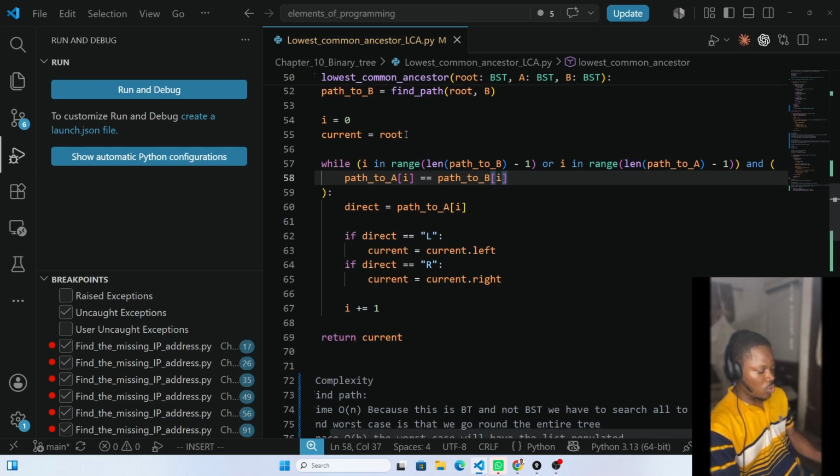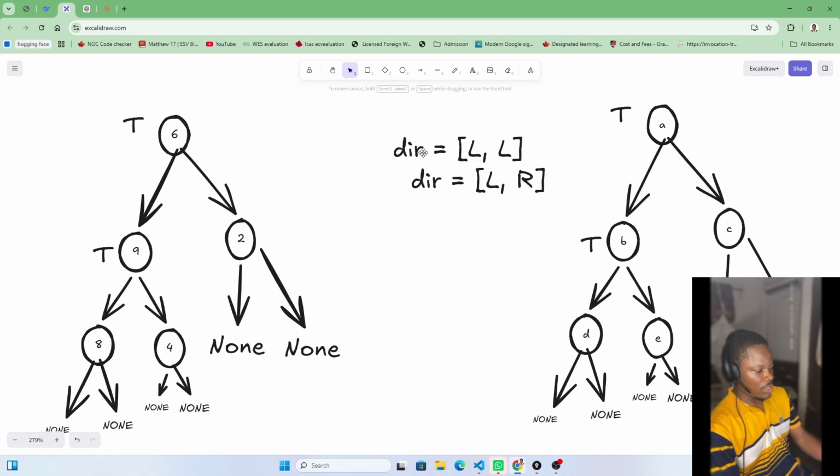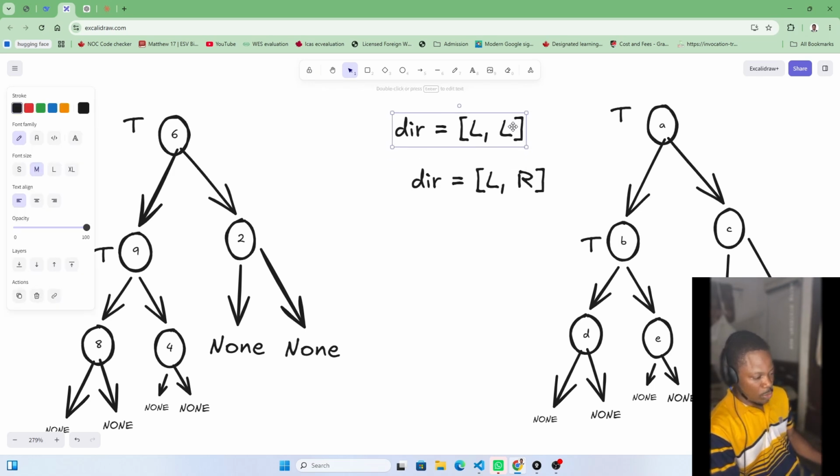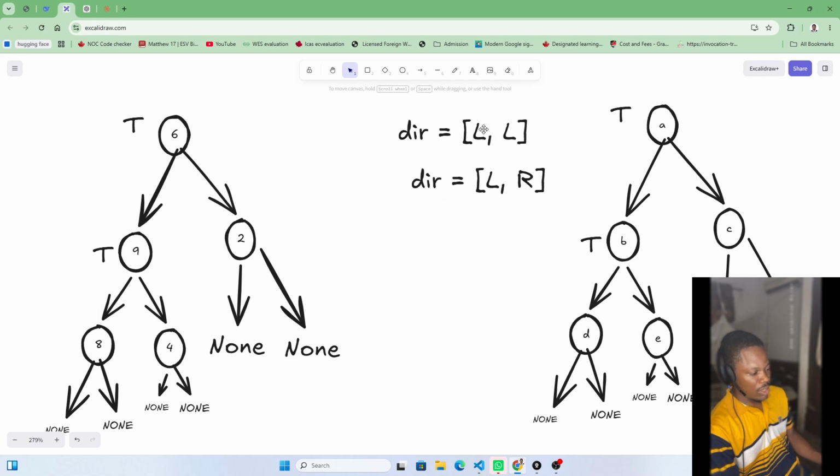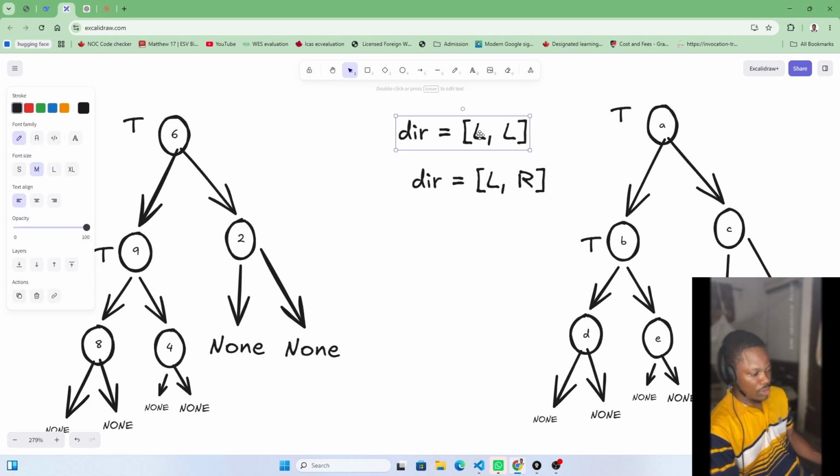If we know that L and L, the current is where the current node is situated as of right now, and then we check the next guy and it doesn't have this thing, then the common ancestor between this L and this R would be this point over here, right?